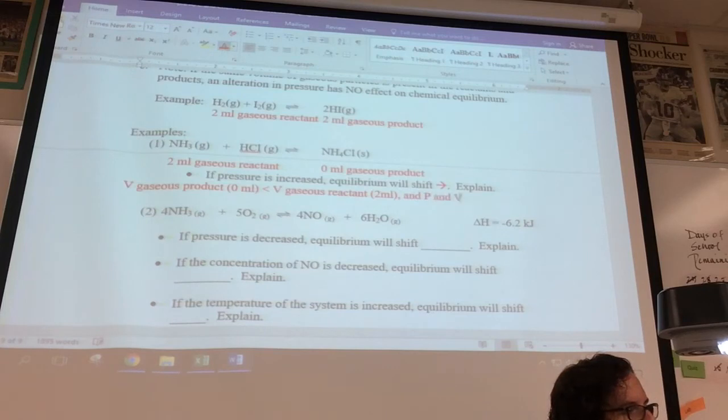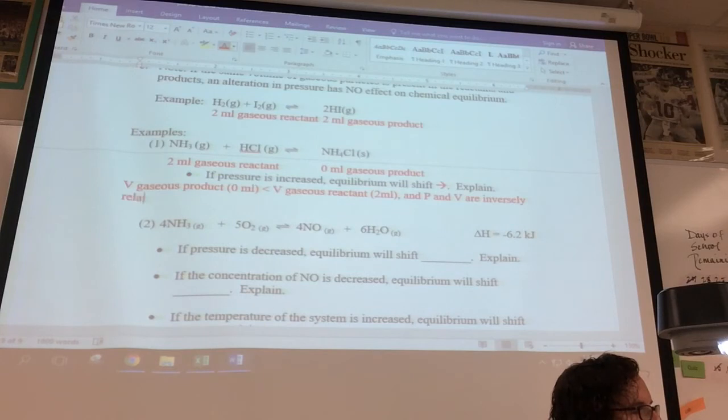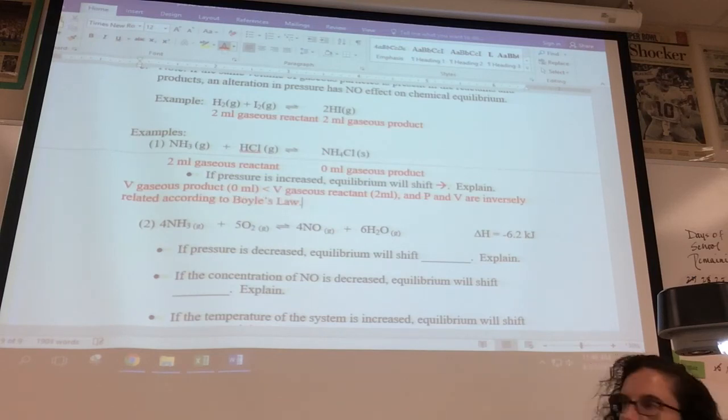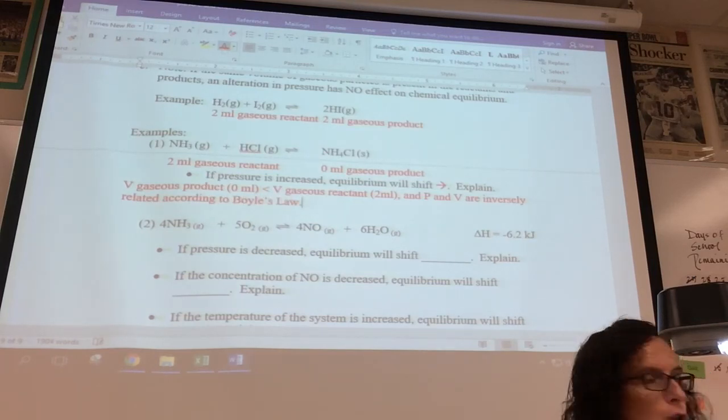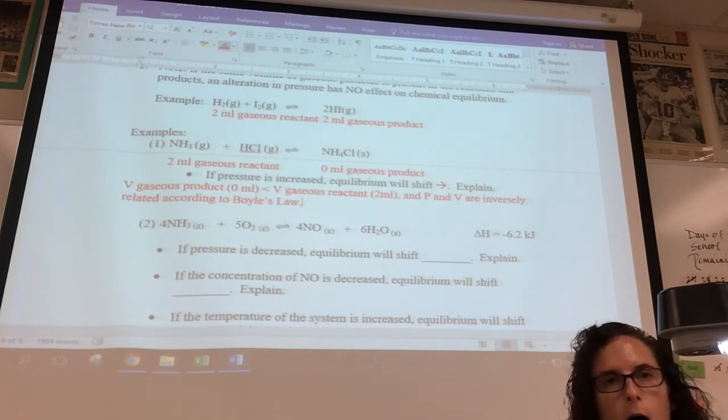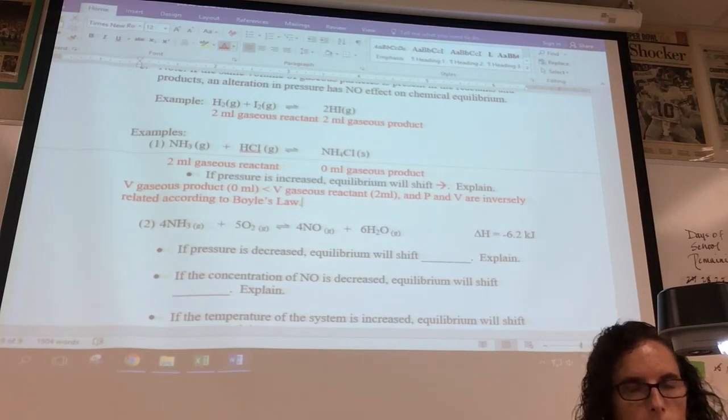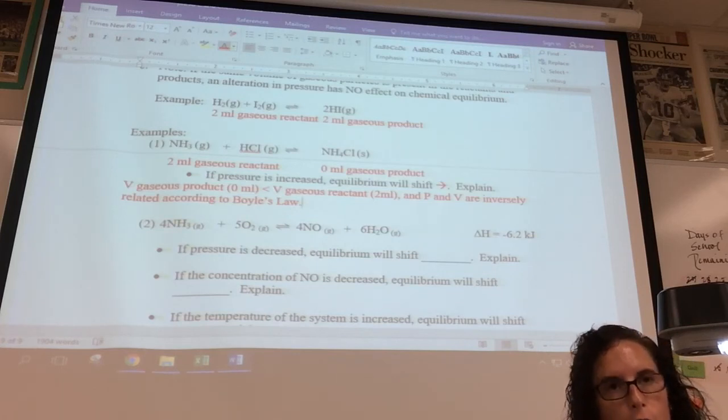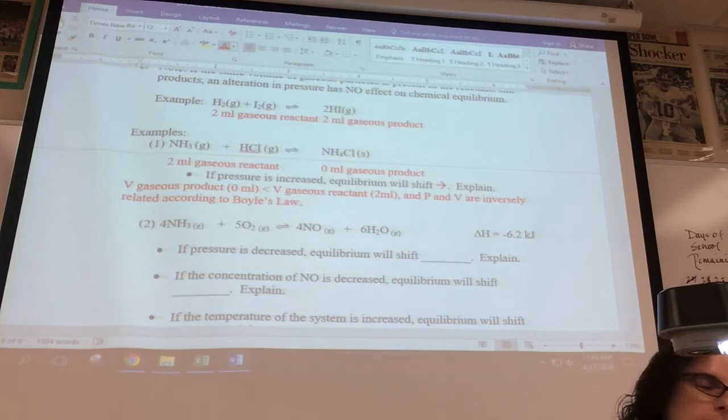And pressure and volume are inversely related according to Boyle's law. Okay? So, if you increase pressure, equilibrium shifts to the side with the smaller volume of gases because of Boyle's law. If you decrease pressure, equilibrium shifts to the larger volume. So whichever side of the reaction has the larger volume is the direction of equilibrium shifting.